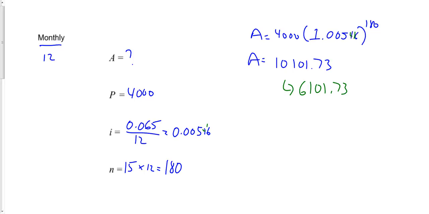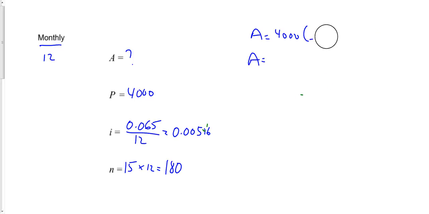If I redo this calculation, it will make more sense now. So I'm going to erase this piece. This should be 0.005416.